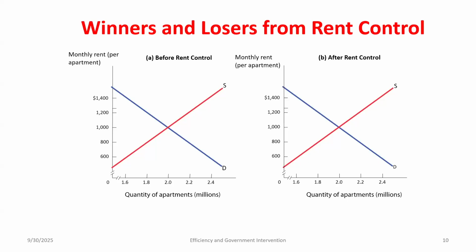I'm going to try to draw this as best I can without using rulers and taking up a bunch of time. So here's my demand curve, and I've got my supply curve looking something like this, okay?